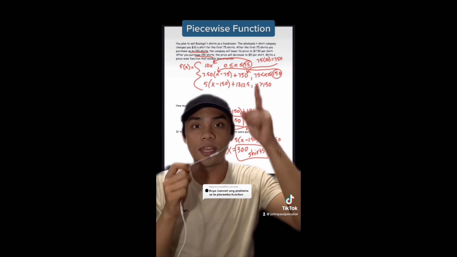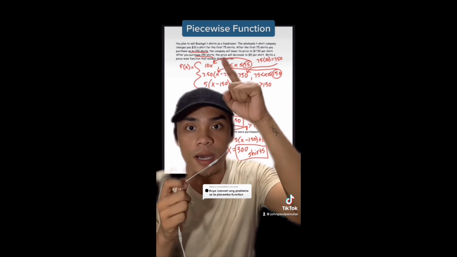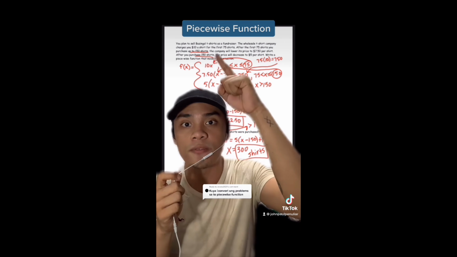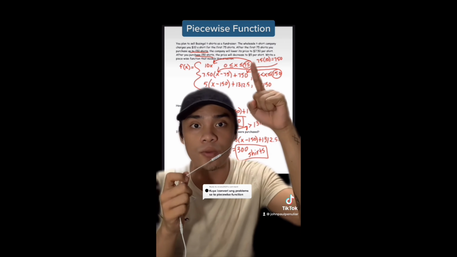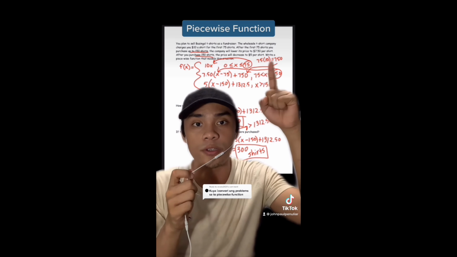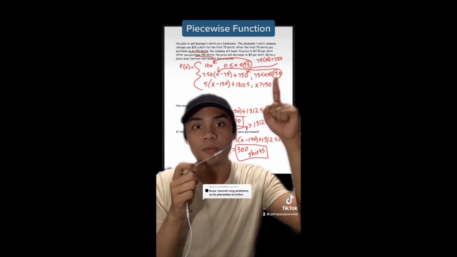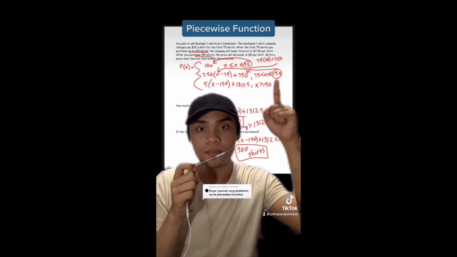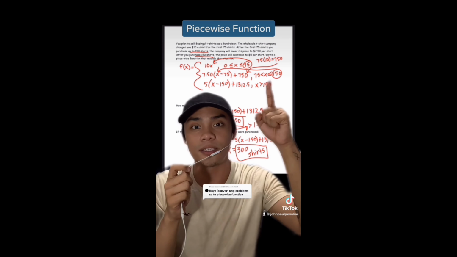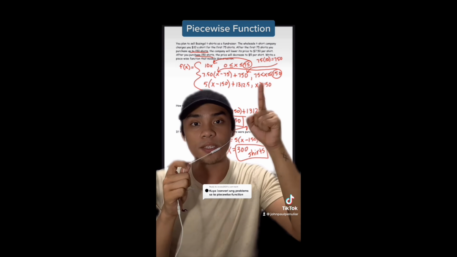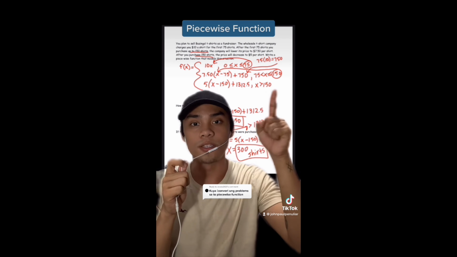Okay? And then, the last one says, after you purchase 150 shirts, the price will decrease to $5 per shirt. Okay? So, once you go past 150, your price is just $5. So, assuming your x is greater than 150, this is our condition.